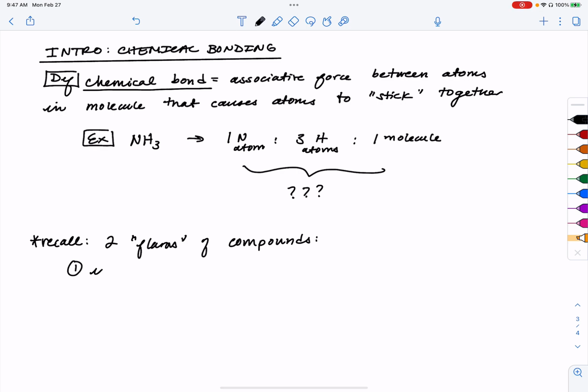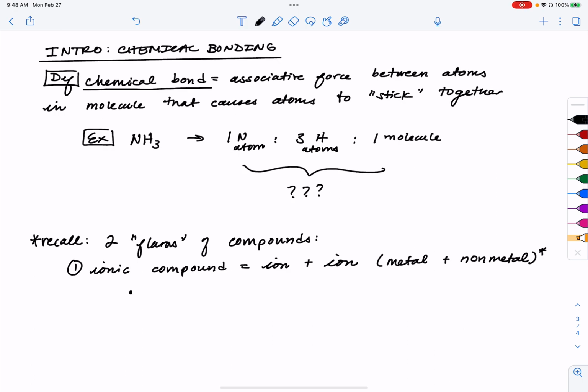The first, we have an ionic compound, which we know is comprised of some kind of ion coming together with another kind of ion, specifically some kind of metal and some kind of nonmetal.